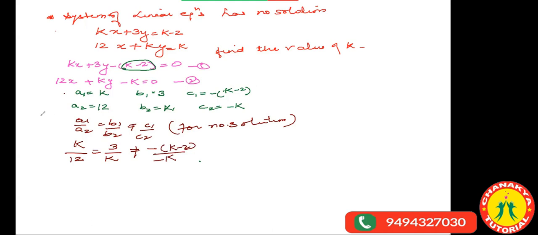You all have done till here? Okay. Now take the first two ratios to solve it. Cross multiply, then k square will be equal to 36, and the square root of 36 will be plus minus 6. It means the value of k is 6 and minus 6.